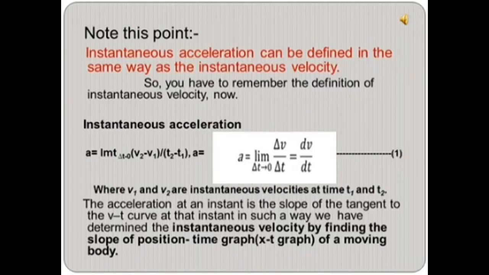The instantaneous acceleration is the slope of the tangent to the velocity time graph at that instant, in the same way that we determined the instantaneous velocity by finding the slope of the s-t graph, which is the position time graph of a moving body.